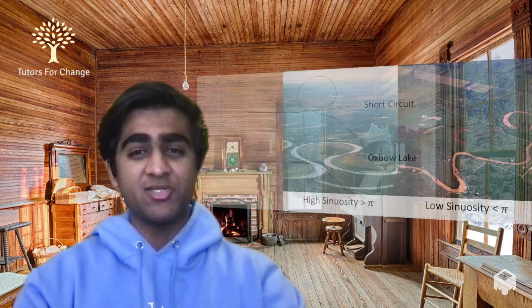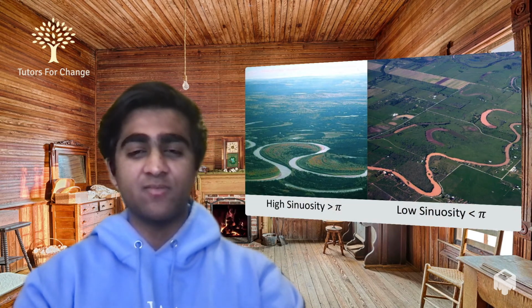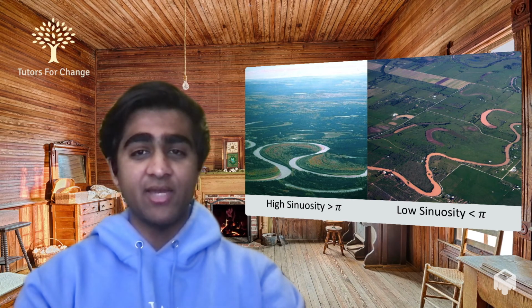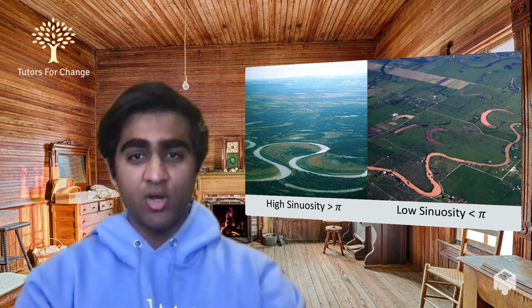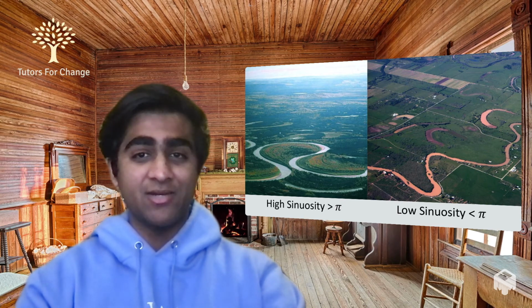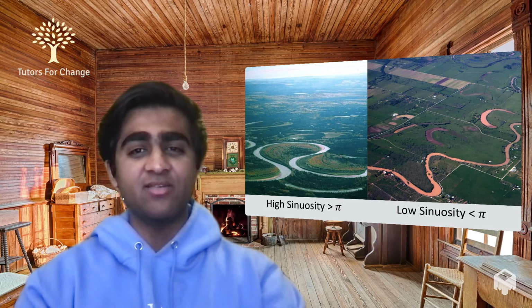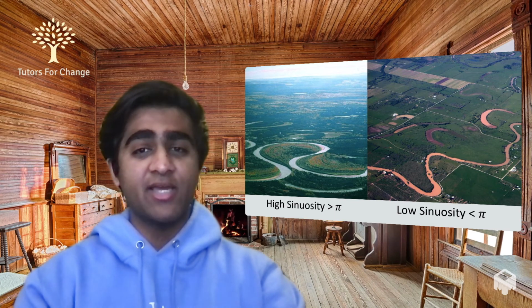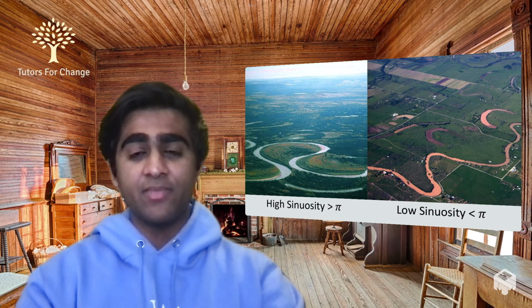Let's take a look at a picture that demonstrates this process. In the left picture that we see over here, this river hasn't short-circuited yet, but has a very high sinuosity. That's because it meanders a lot. It has a lot of loops, and these loops are still intact because the river hasn't short-circuited, so it has a high sinuosity greater than pi.